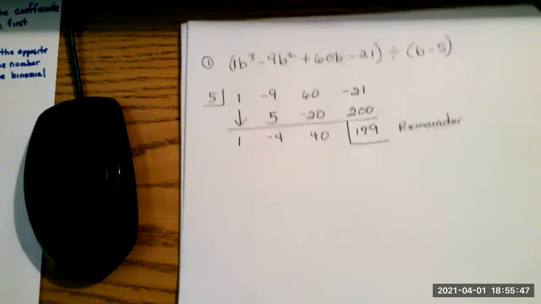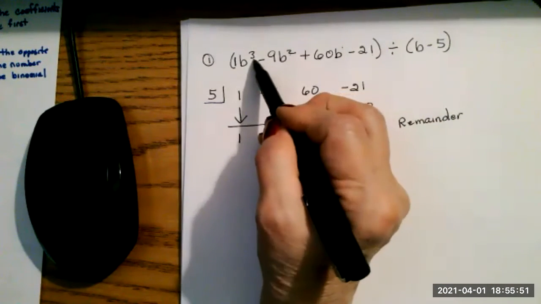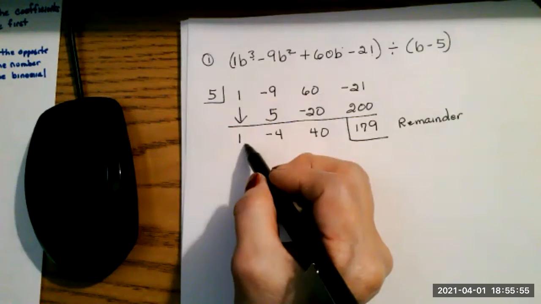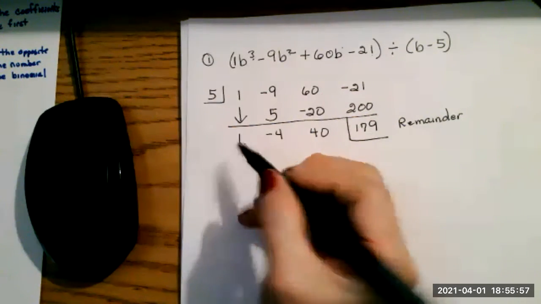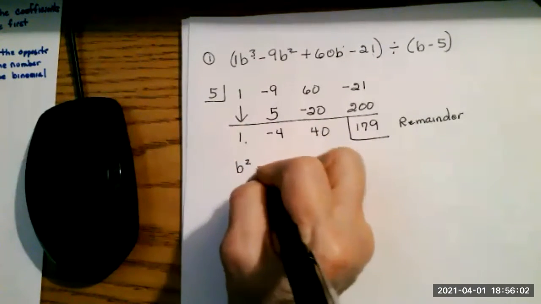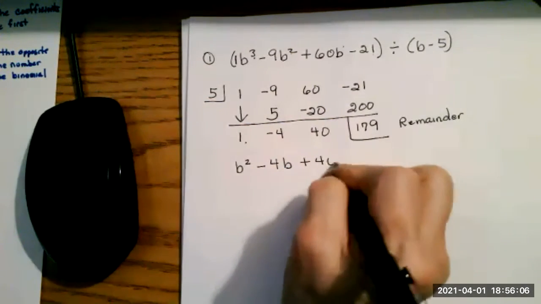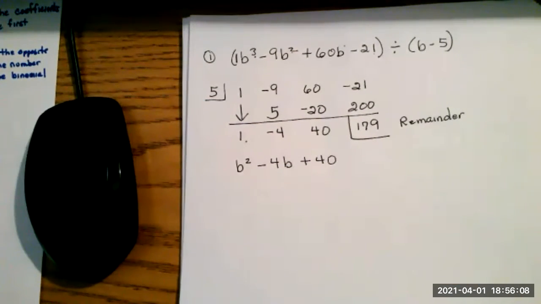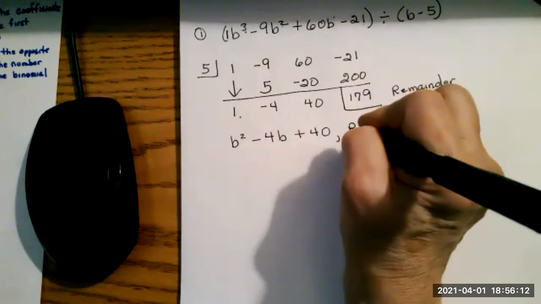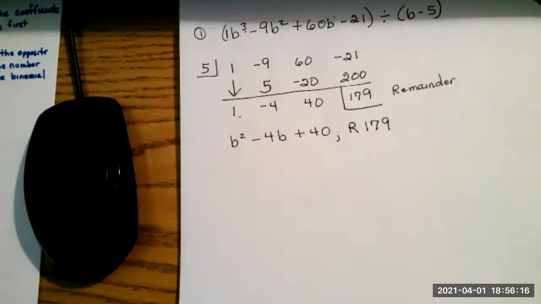Now I've got to figure out what I've got. If this started b cubed, then what does this one have to be? B squared. B squared minus 4b plus 40. And for this section, they just want you to write the remainder with an R. Remainder 179.